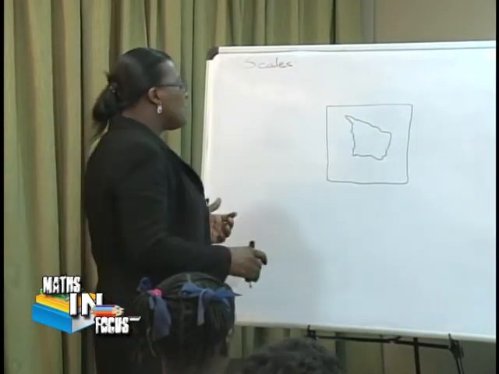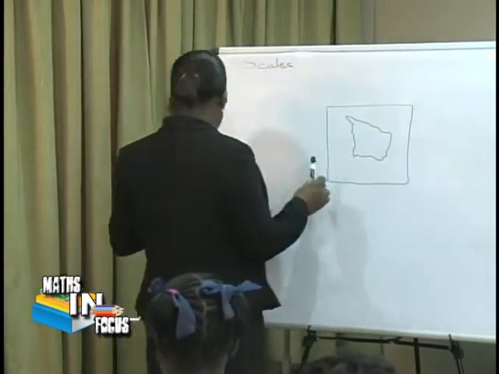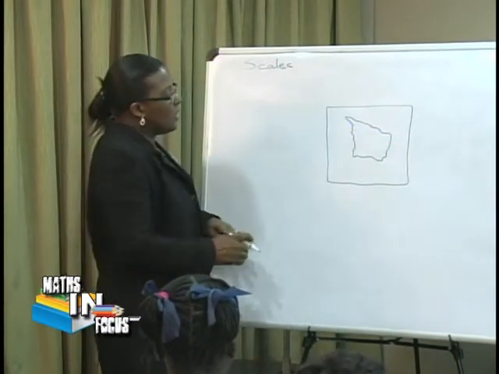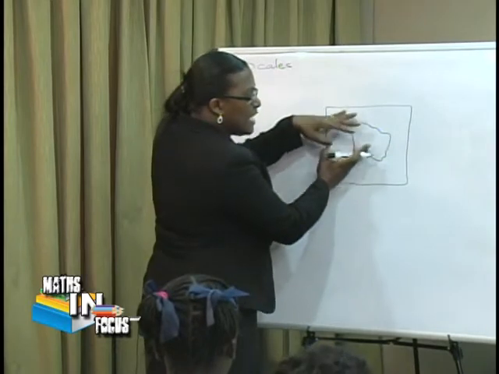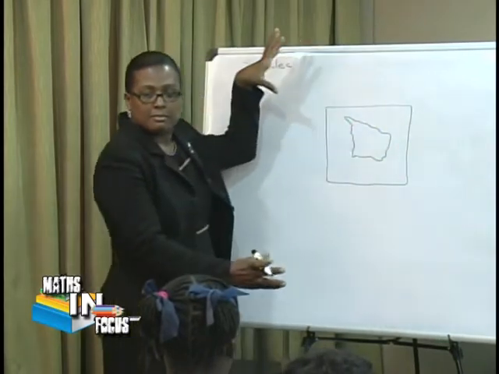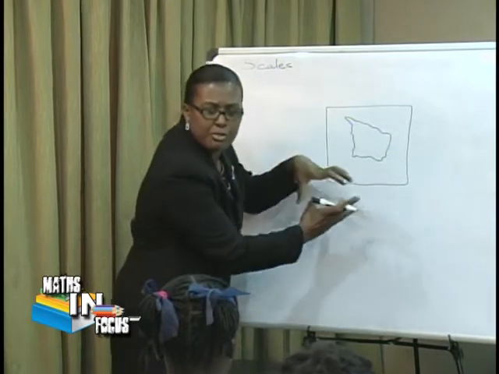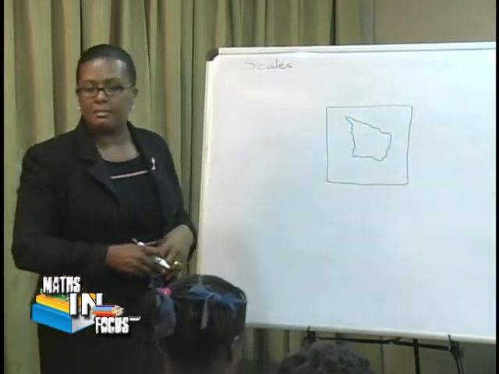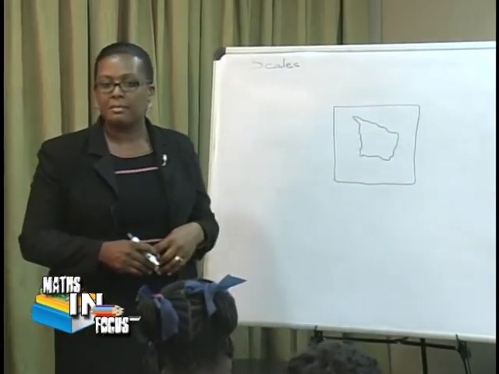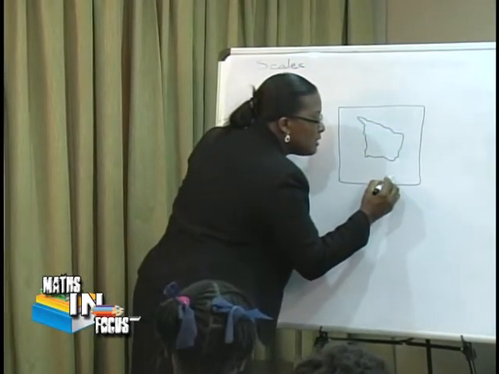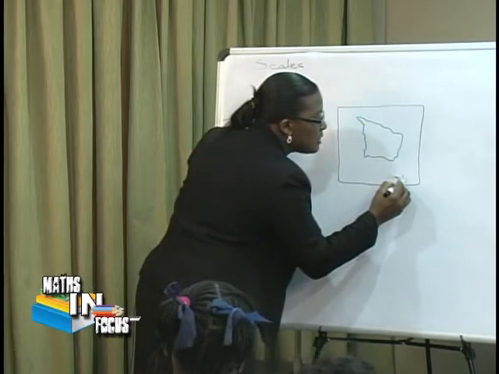Now, what really is a scale? We can take this diagram and enlarge it, or we can take the same diagram and shrink it or reduce it. When you look at the scale, you see 1 cm to something.